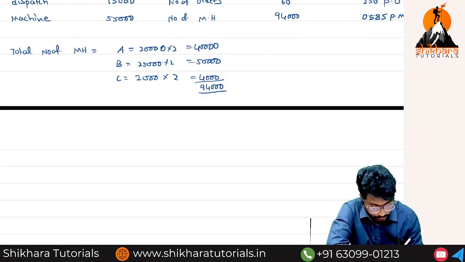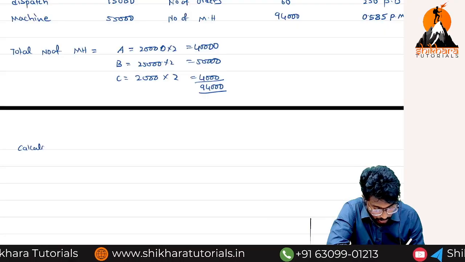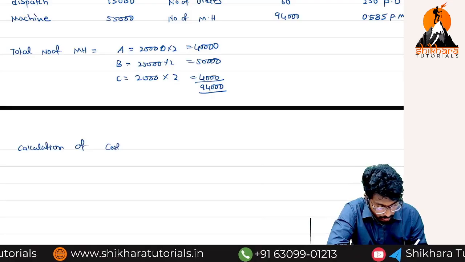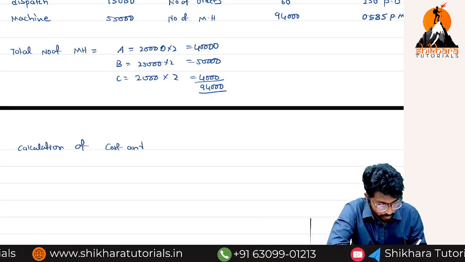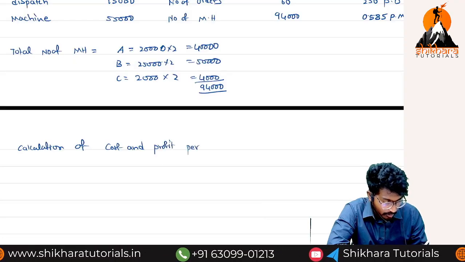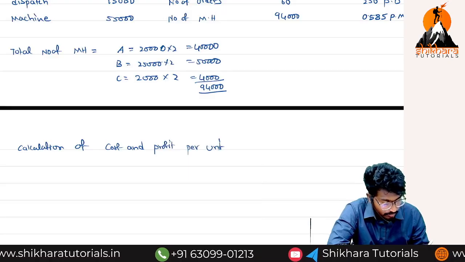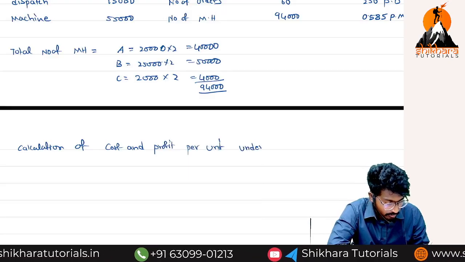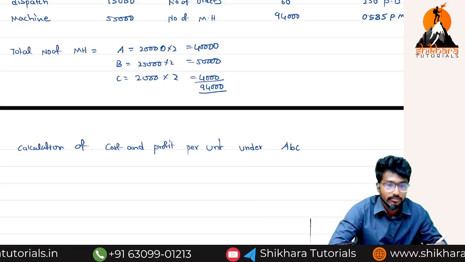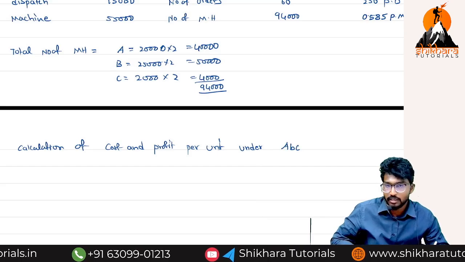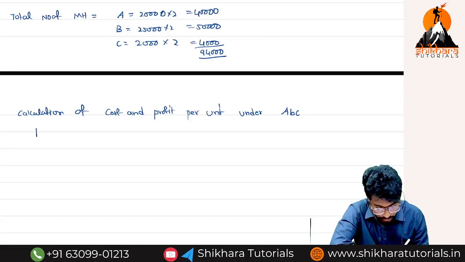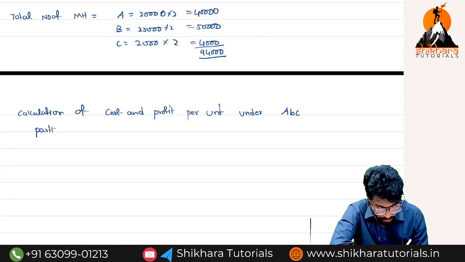Next, calculation of cost and profit per unit under which system? ABC, under the activity based costing system. Particulars.